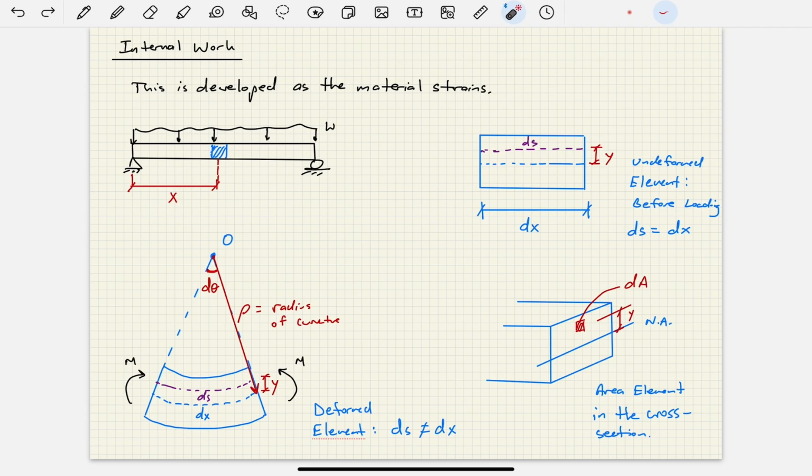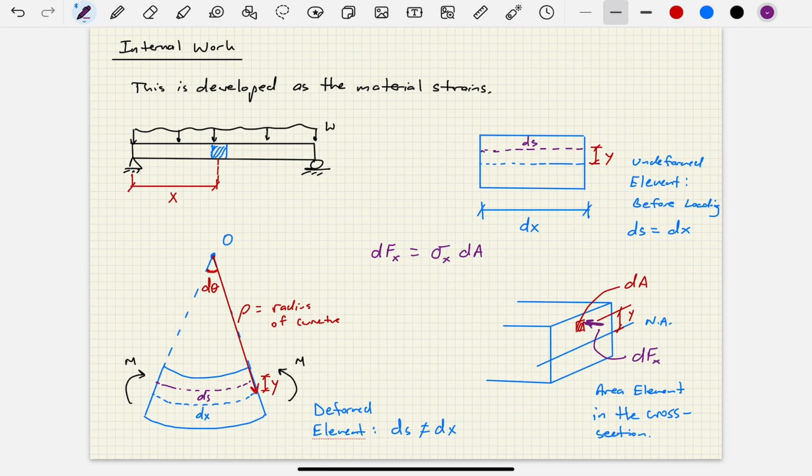So it turns out that we can get a differential force on that element that looks just like this. We can say, hey, we are going to have this force here. I'm going to draw it in purple here, dF sub x, acting on that differential element, okay? And so what is that? I'm going to come right here in the middle now. I'm going to say dF sub x, that differential force on that element, is going to be equal to the stress, sigma sub x, on that element times the differential area element itself, dA.